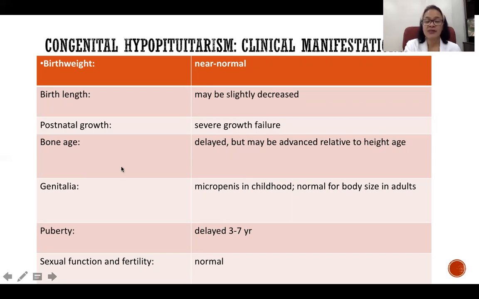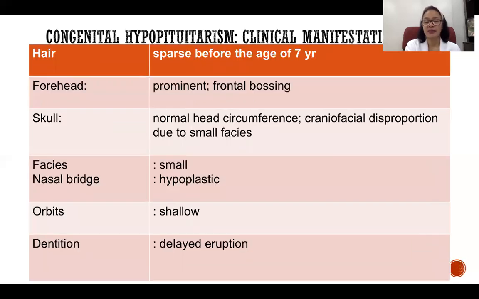And with regards to bone age, it is usually delayed. And with the genitalia, during childhood, there is micropenis, but it can be normal for body size in adults. And then puberty is most often delayed. And the good thing here is sexual function and fertility is still normal.